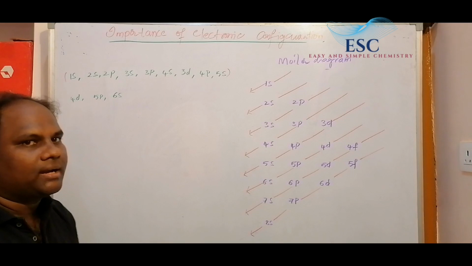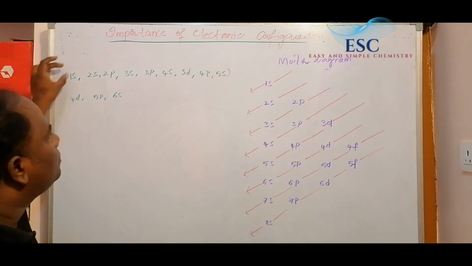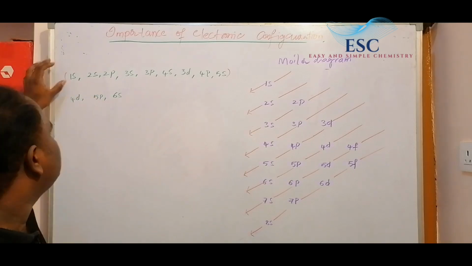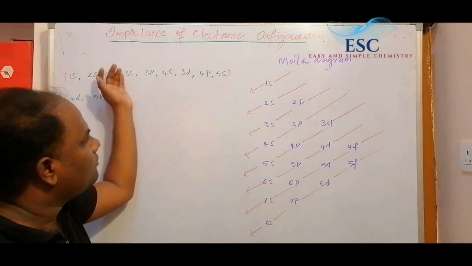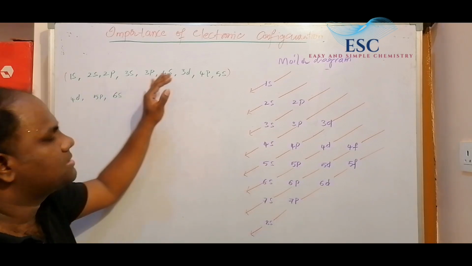We should memorize this series of 9 orbitals, from here to here, not like this. This total series is written from the molecular diagram, so just memorize this series.